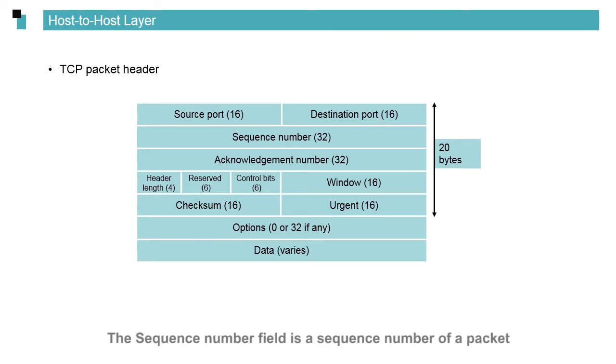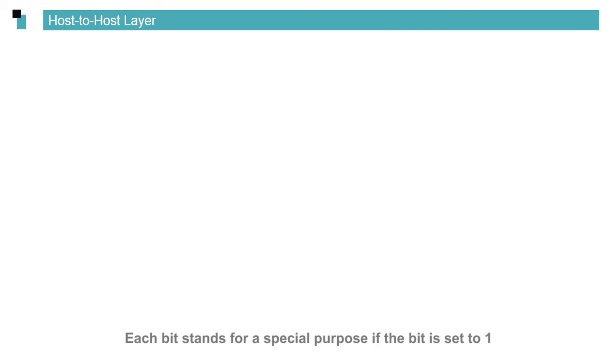The sequence number field is a sequence number of a packet. The acknowledgement number field is used to confirm that a packet is received. These two fields are used to ensure reliability in transmission. The control bits field is 6 bits long. Each bit stands for a special purpose if the bit is set to 1.